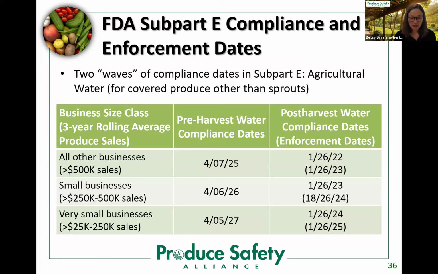The important thing here is that the pre-harvest water compliance dates will begin April 7th of '25, and then they will step in for the smaller business sizes, 4/6/26 and 4/5/27. Why is that not 4/7/26 and 4/7/27? That has to do with the day of the week it falls on, so they move it to a business day.